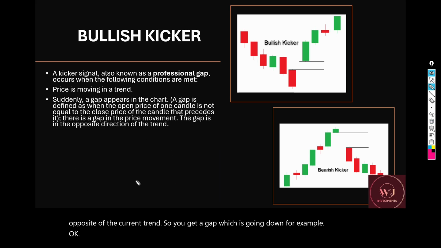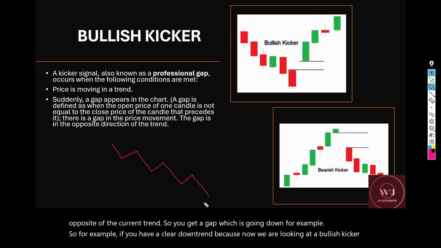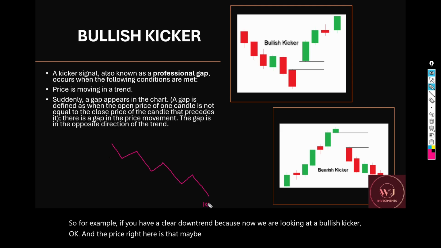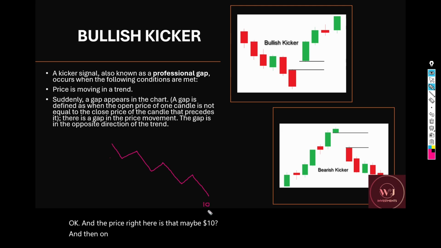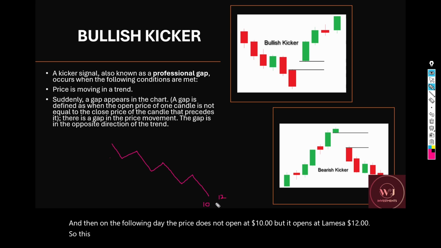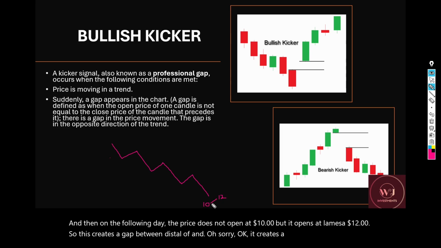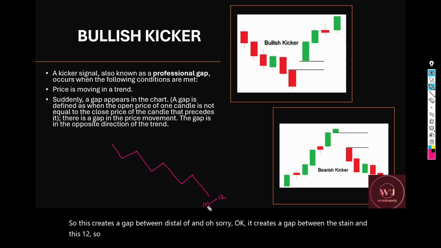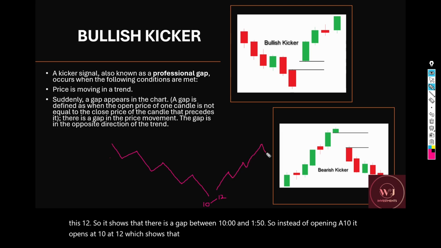So for example, if you have a clear downtrend, because right now we are looking at a bullish kicker, and the price here is at maybe $10. And then on the following day, the price does not open at $10, but it opens at, let me say, $12. So it creates a gap between this 10 and this 12, which shows that we are going to be going upwards.